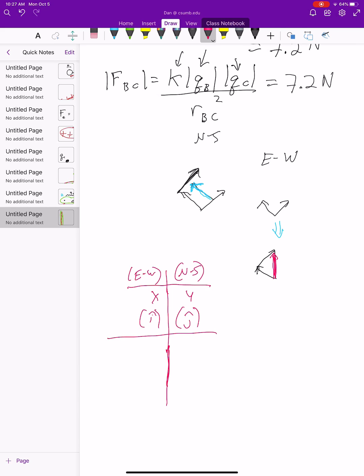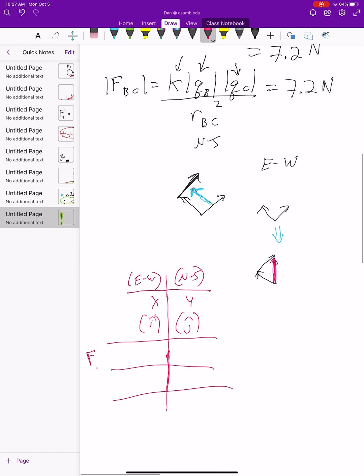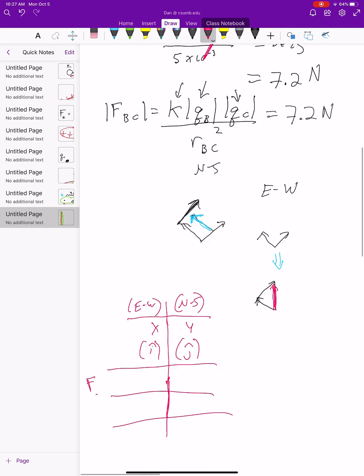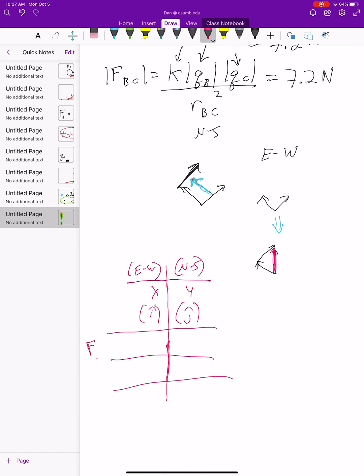I'll break up each of these vectors into two components. I have FAC as one of the forces, and FBC is the other force. And I want to figure out what is the component of this force that's in the x direction, and what is the component that's in the y direction. So for FAC, it looks like this.